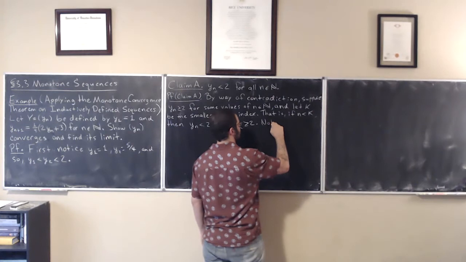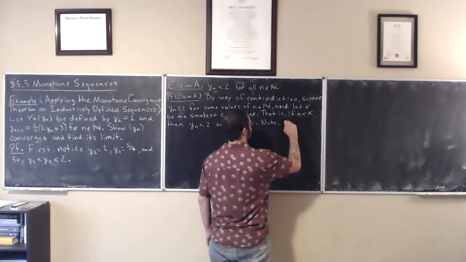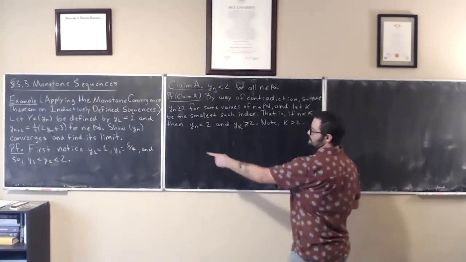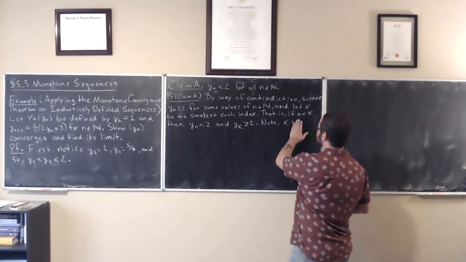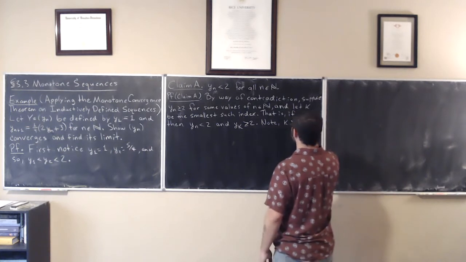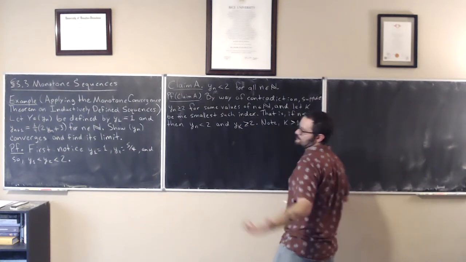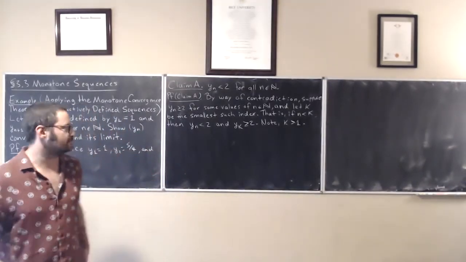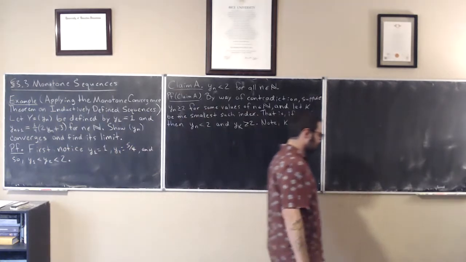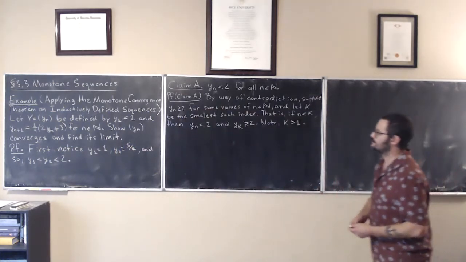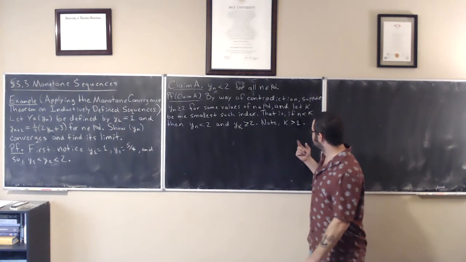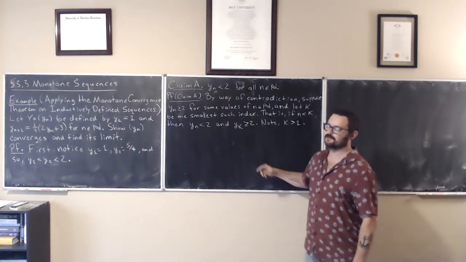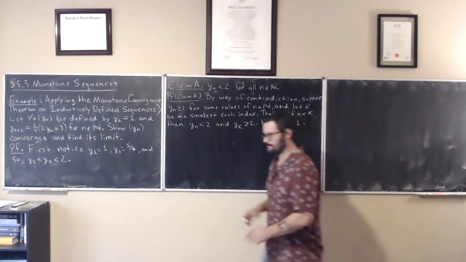And then just to note, k is greater than 1 because y1 is equal to 1, so we know that the index that breaks it can't be 1. Saying k is greater than 2 would have also worked, but I didn't want to confuse any of the viewers into thinking that this had anything to do with the sequence term. This is the index.